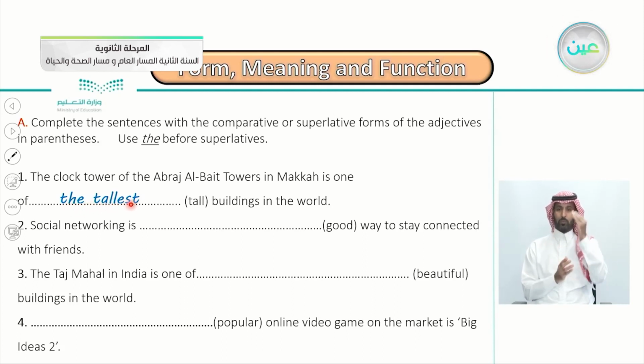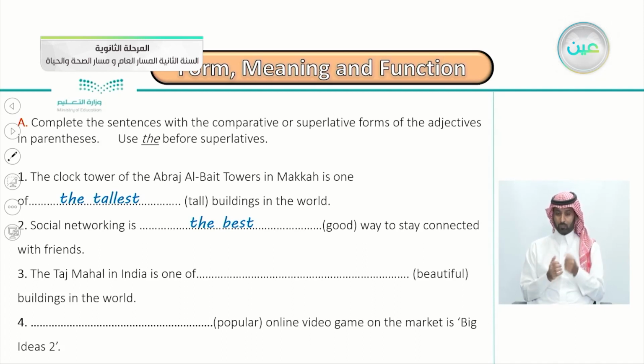Social networking is a good way to stay connected with friends. Social networking is the best way to stay connected with friends. Among all the ways to connect with friends, social networking is the best.